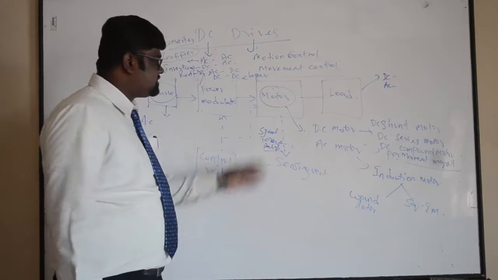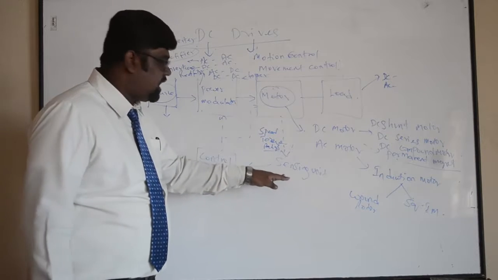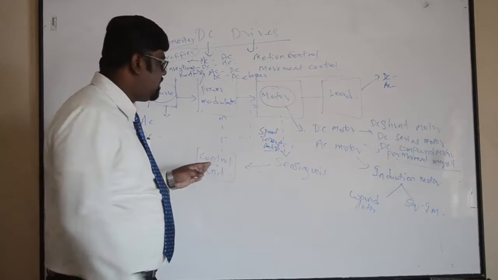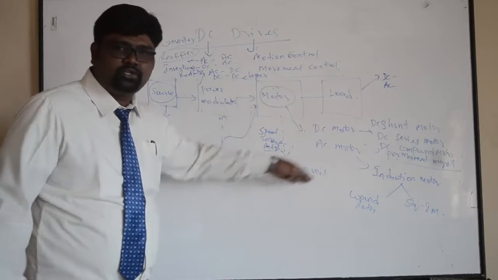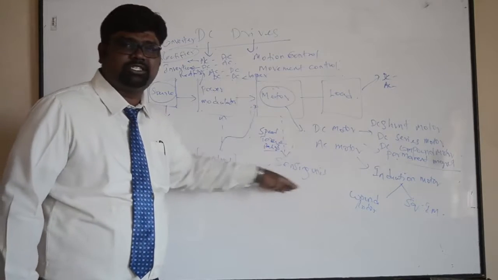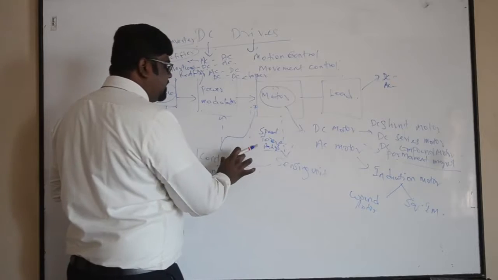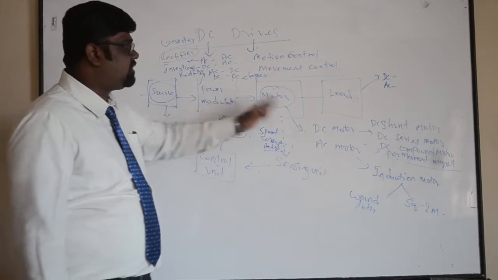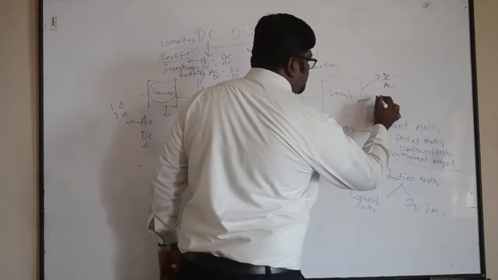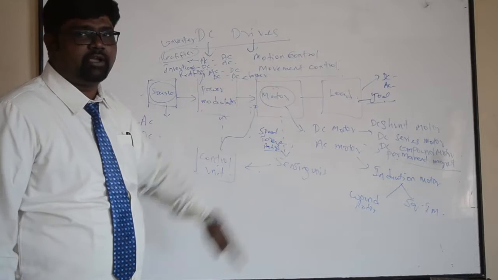If any problem is sensed by the sensing unit, it will be sent to the control unit, and the control unit will control the motor. It's like a closed loop control system. So if there is any problem in the motor or load, the control unit automatically senses the fault and rectifies it until our goal is achieved. This is the basic functional block diagram we have seen.